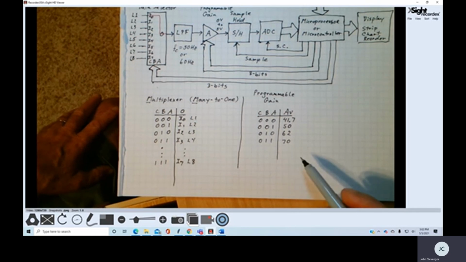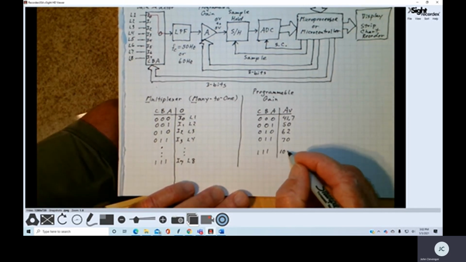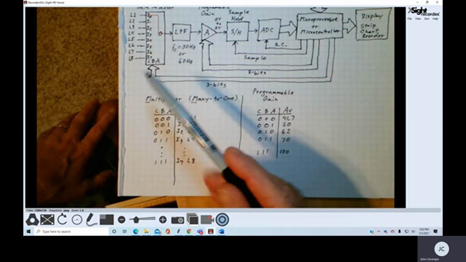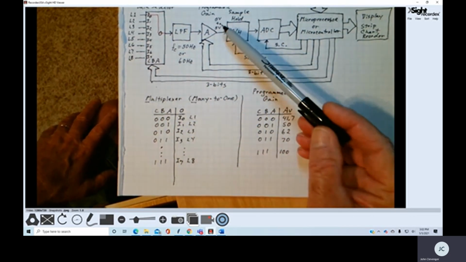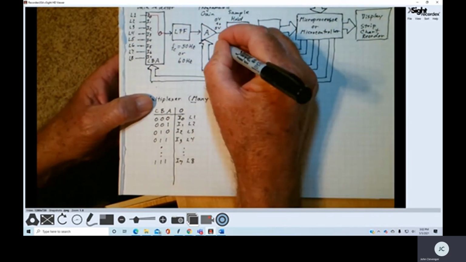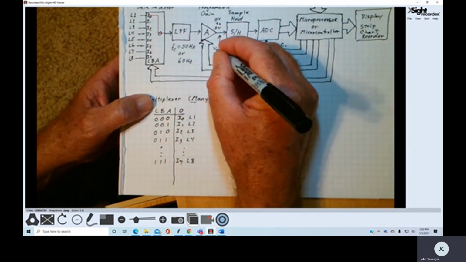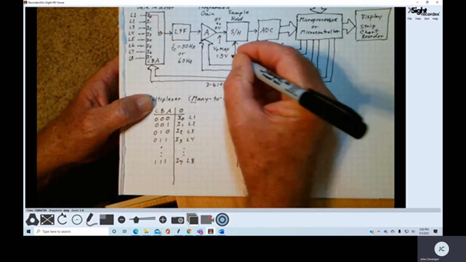We could change the gain of the system so that we could amplify the lead voltages appropriately to give me a maximum output voltage of this block right here. So my output voltage V out max would be equal to 5 volts.